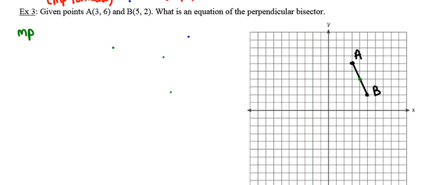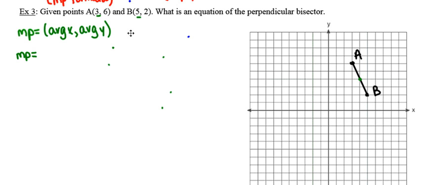So anytime I use a formula in geometry, I'm first of all going to write it down on my paper. So I'm going to start by going ahead and writing the midpoint equals the average of the 2 x coordinates and the average of the 2 y coordinates. Remember, midpoint is exactly that. It's a point. It has an x coordinate and it has a y coordinate. To average two things together means to add them together and divide by 2.